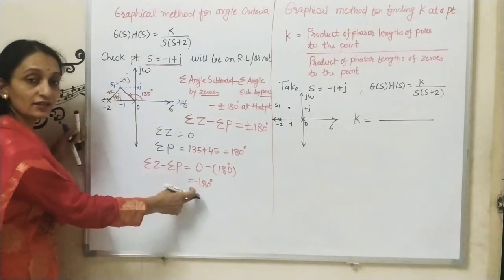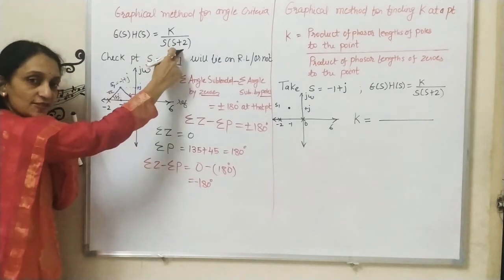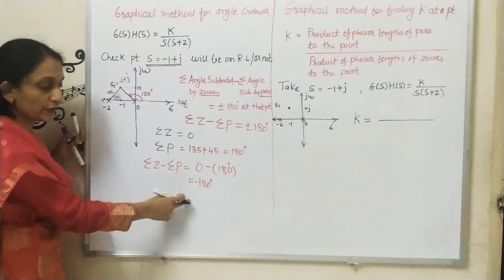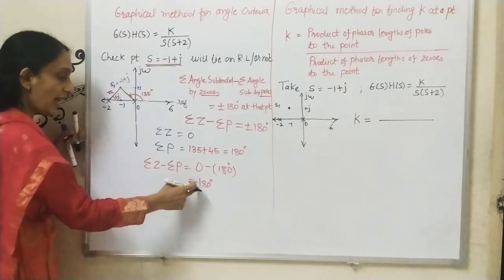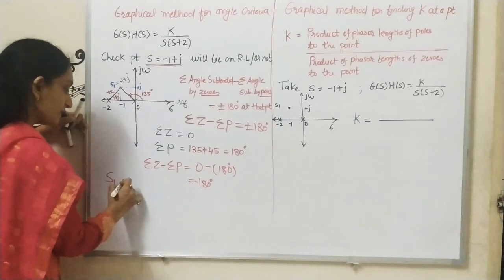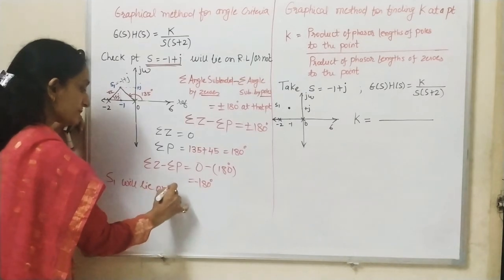See, we are getting the same thing. We have considered the same point, same transfer function, and we got the same answer with the graphical method also. As it is satisfying the angle criteria, point S1 will lie on the root locus.